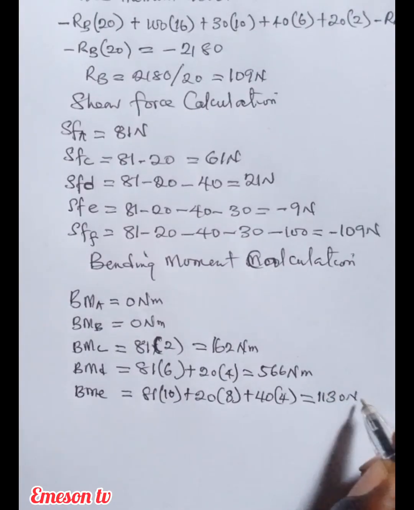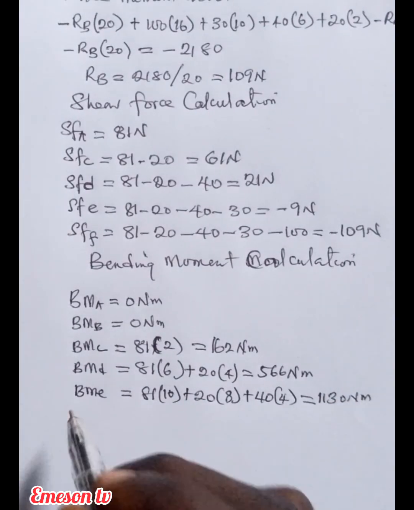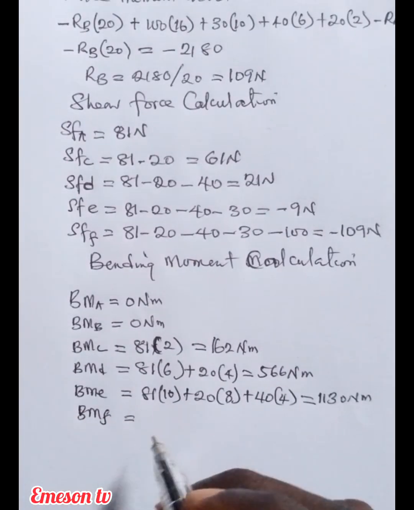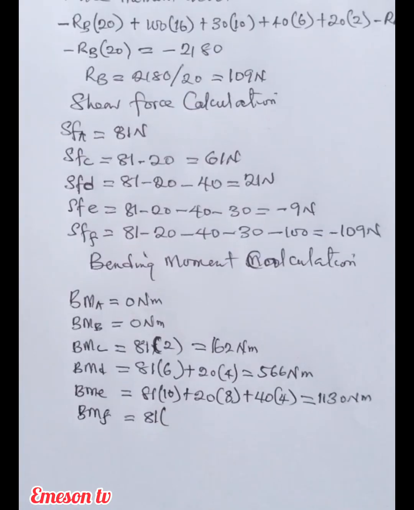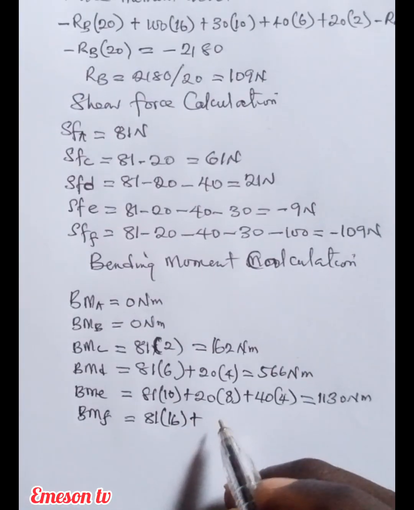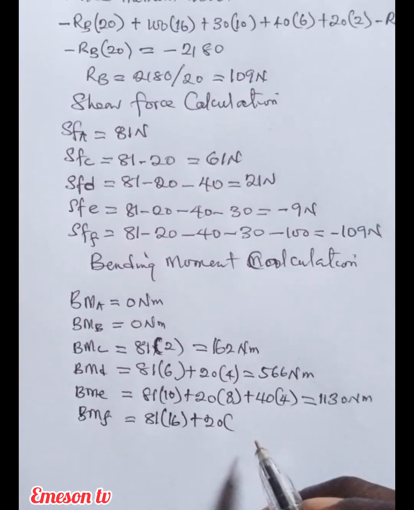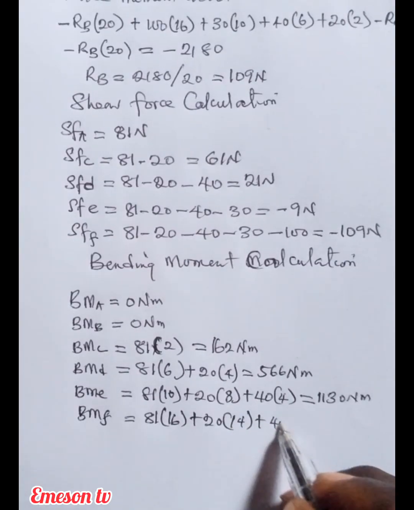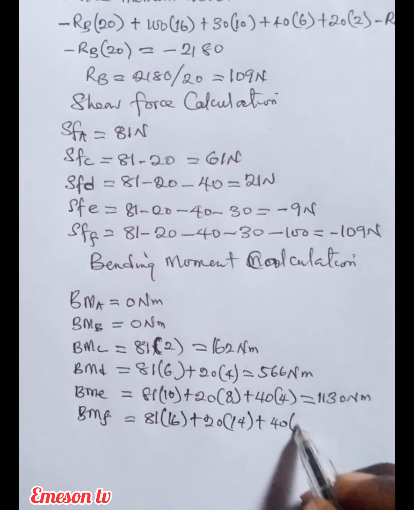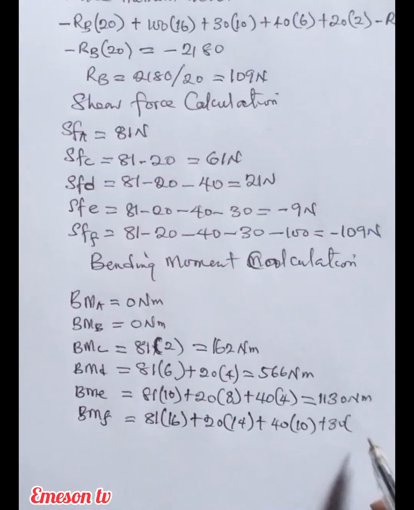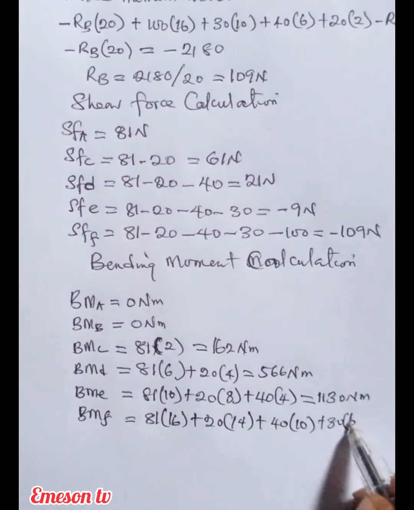1130 N·m. So the bending moment at point F will be this: RA multiplied by the distance from RA to F, which is 16, plus 20 multiplied by the distance from 20 to F, which is 14, plus 40 multiplied by the distance from 40 to F, which is 10, plus 30 multiplied by the distance from 30 to F, which is 6.